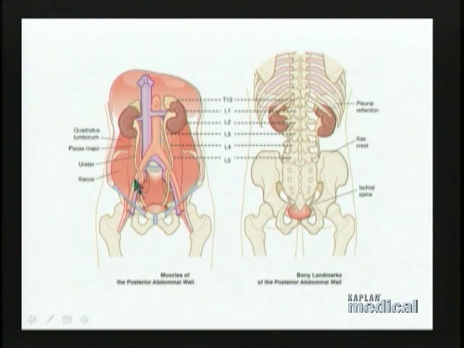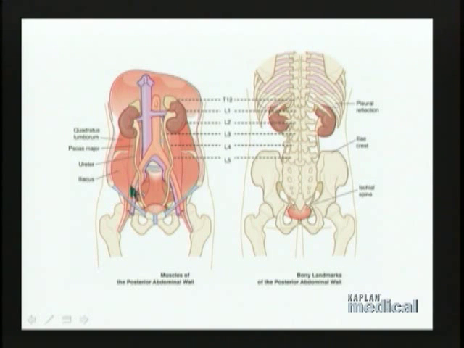Follow that artery up with your hand until you feel the pulsation of the internal iliac joining the external iliac at the bifurcation. We know that right at that point, right at that bifurcation, is where the ureter is going to be crossing in front of the artery.